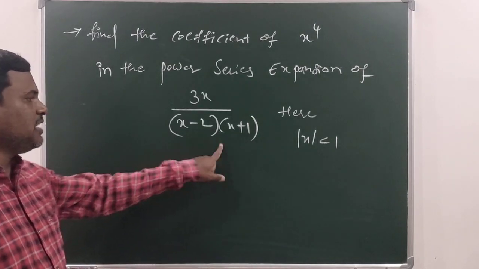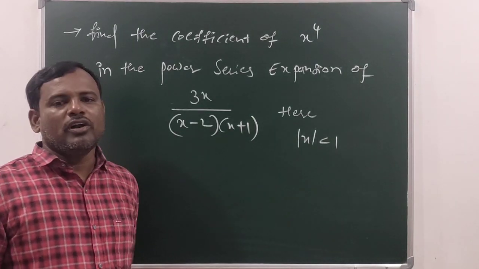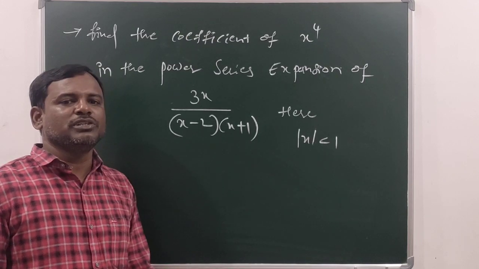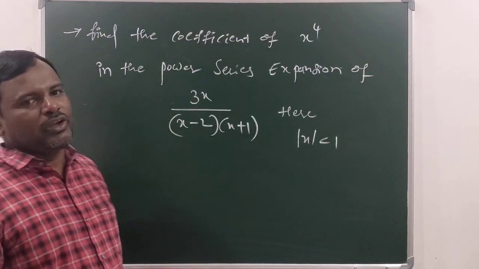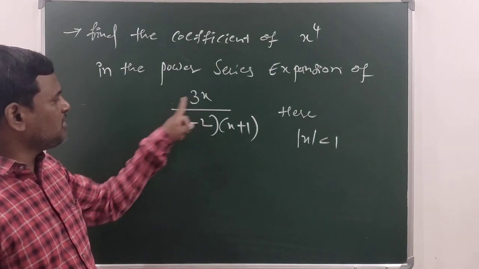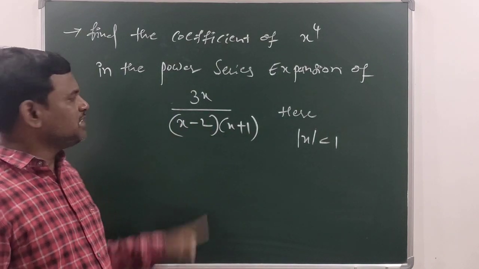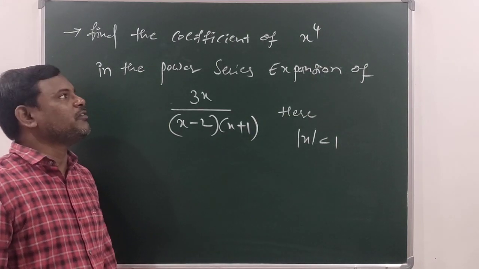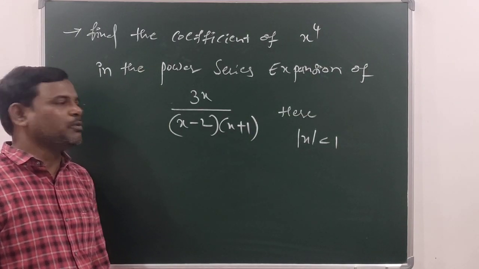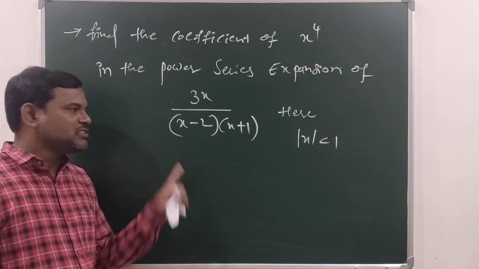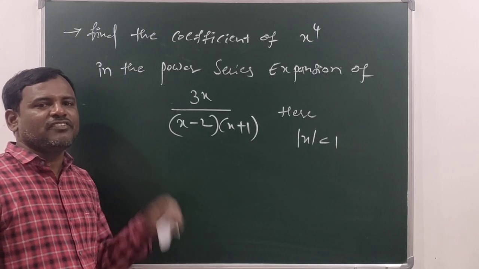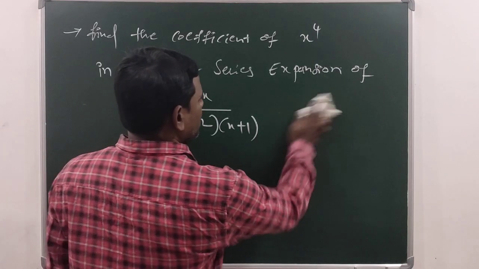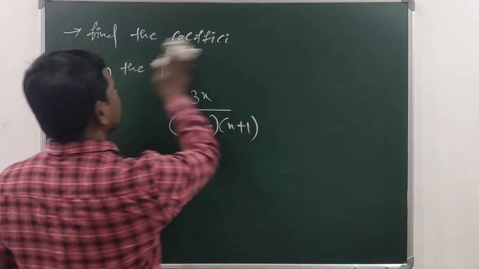Here the condition for x is mod x less than 1. I hope you have understood this question. Find the coefficient of x^4 in the power series expansion of this rational fraction. How do you find it? First we have to express this rational fraction as partial fractions. Now resolve into partial fractions.